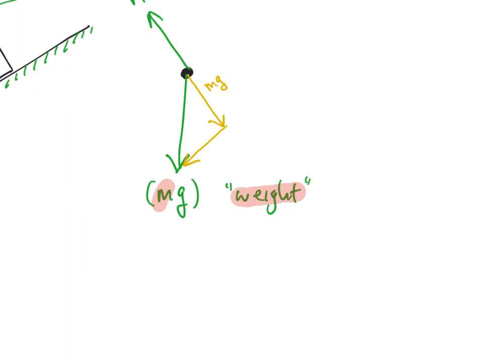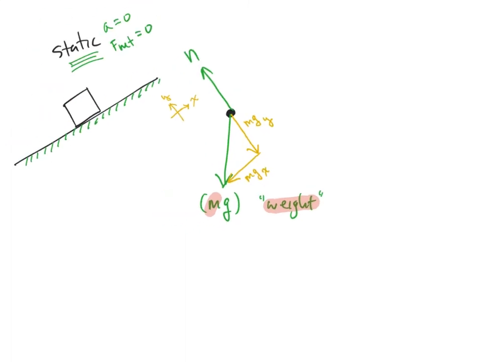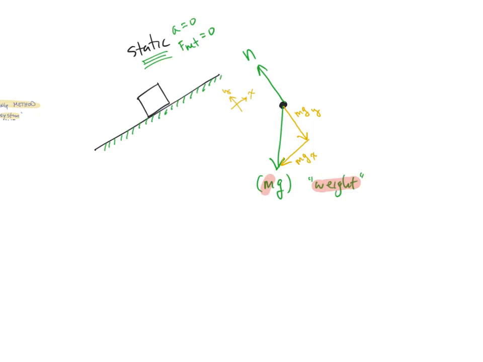Sometimes the way this gets written, and the way I think I will write it actually, is I'll consider this to be the y direction. For my purposes, I'm going to rotate our coordinate axes. So the y direction is now perpendicular to the ramp, and x is parallel. So this is the y component of mg, and here is the x component of mg. By the way, on the diagram, you can convince yourself of this.